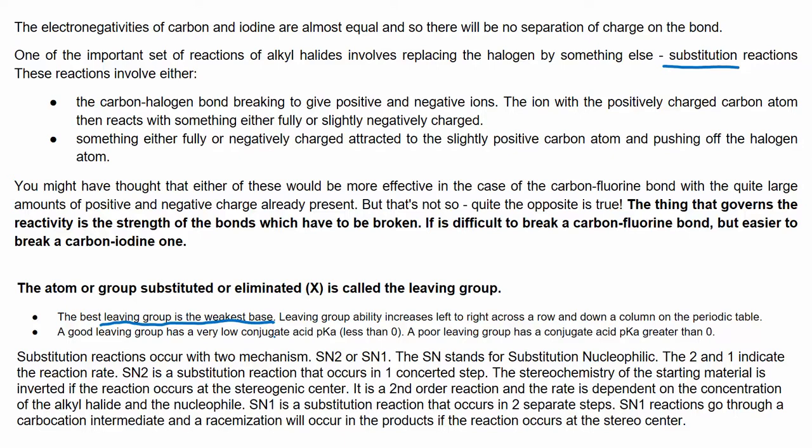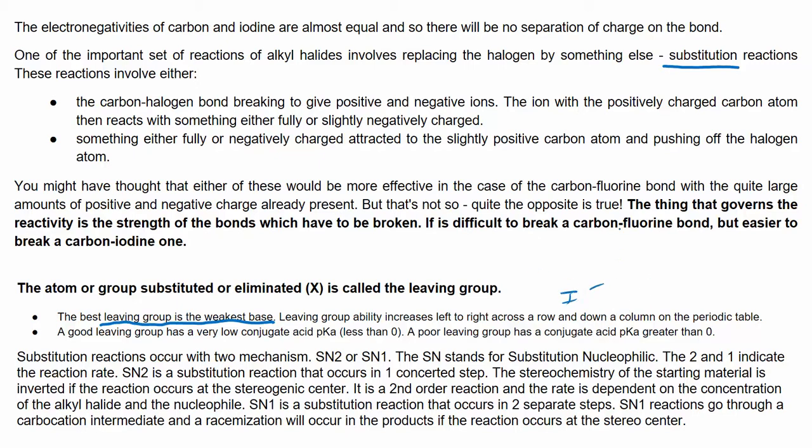Now, the leaving group ability will increase as you go from left to right across the periodic table and as you go from top down. So leaving group ability increases as you go left to right and top down. So the better leaving group is going to be something like iodine.